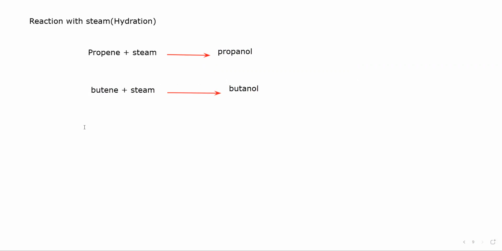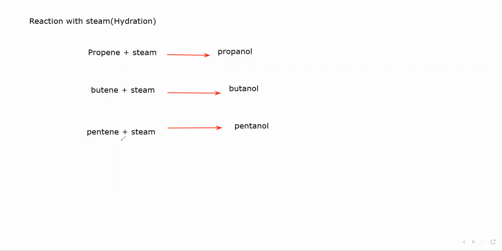If it is pentene plus steam, what will be the product? It will be pentanol. So alkene plus steam results in the formation of alcohol.